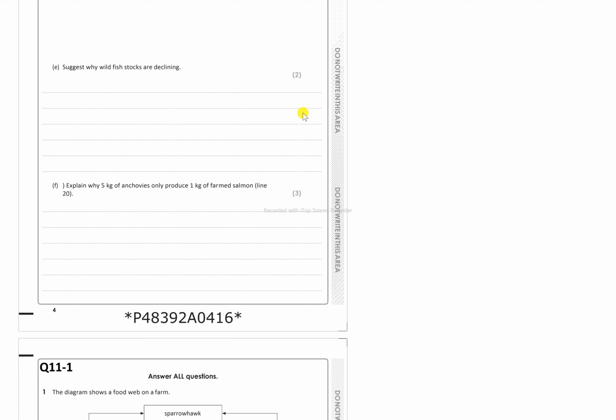Why a stock? It was overfishing. Fish are unable to reproduce and increase the stocks.